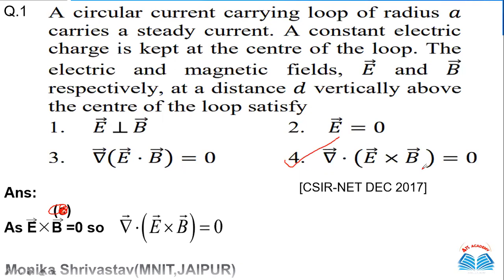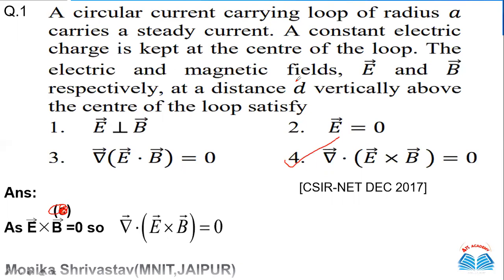Ma'am, one thing, option number 1 could also be right, E perpendicular to B. Yes, but he is asking above the center of the loop. Like I am making a loop here.